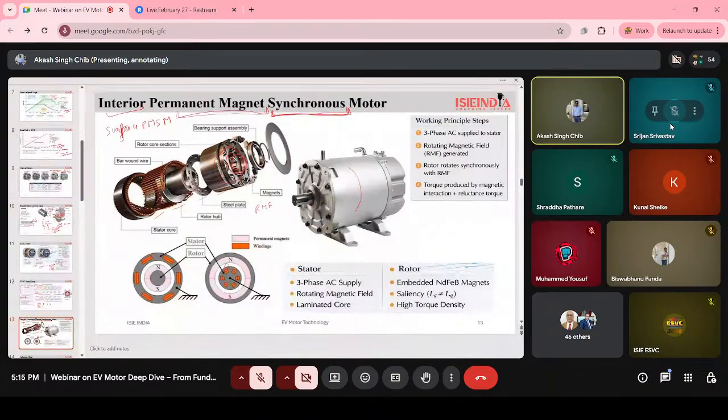Same as before, we get a three-phase AC supply and generate the rotating magnetic field. The laminated core is inside the stator part, and the rotor has embedded NdFeB magnets. Can anyone tell me the full form of NdFeB magnets?